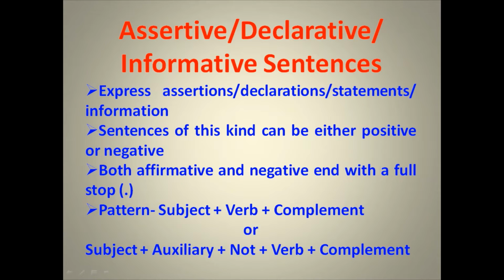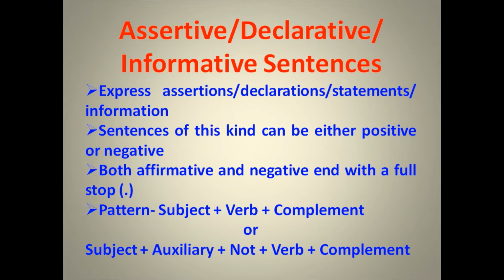So come to the first one, assertive, declarative or informative sentences. It expresses assertion, agreement, declarations, information, etc. Assertive type of sentence is basically a statement type of sentence.